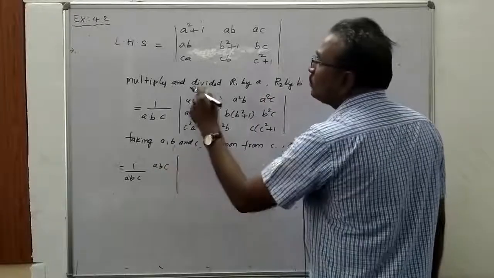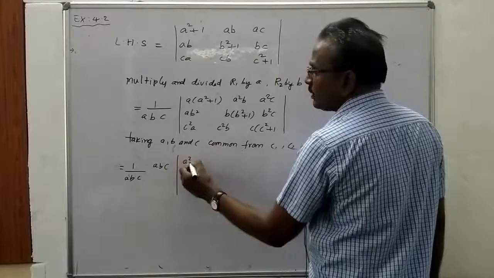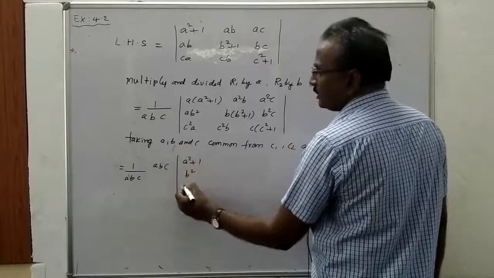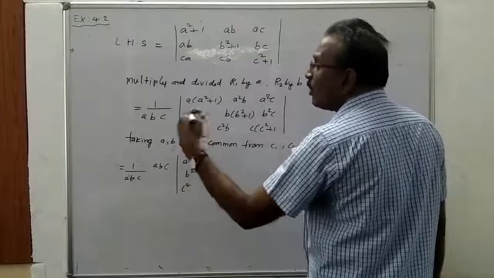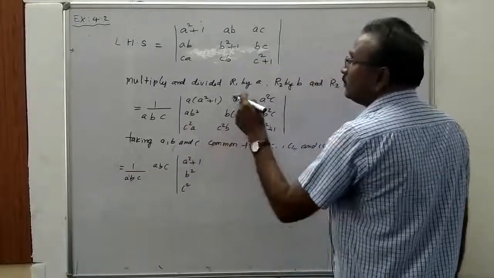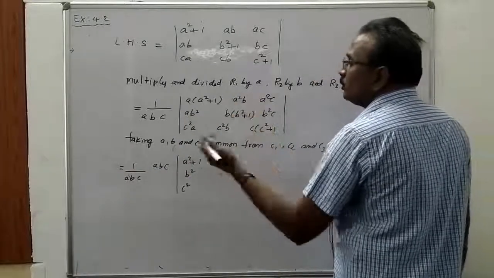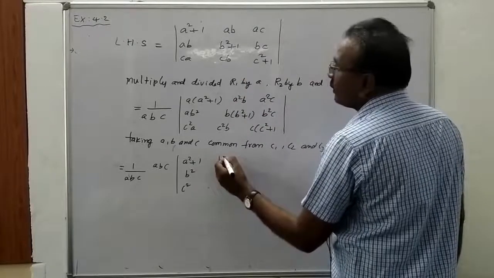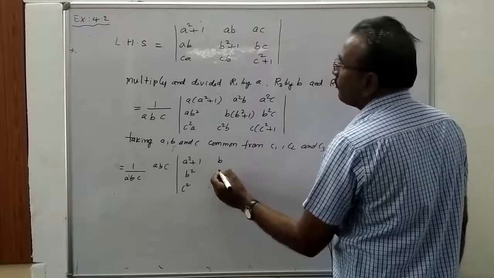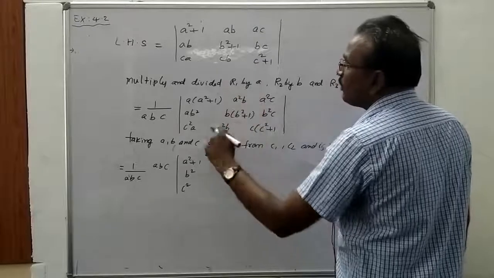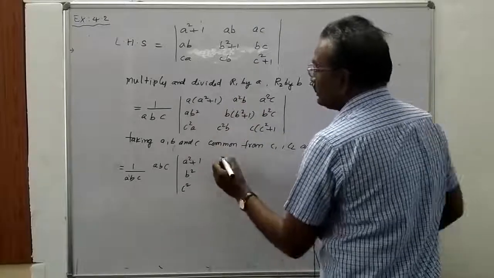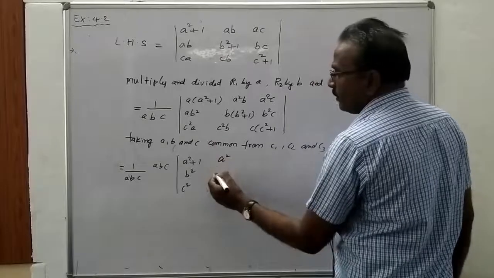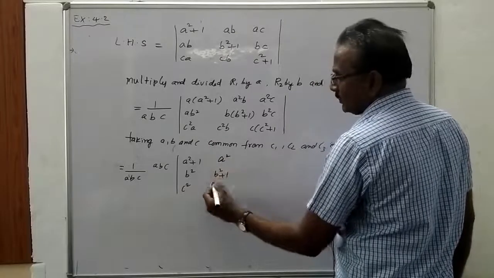Here the first column becomes a square plus 1, b square, c square if you take a outside. Next take b outside the determinant, so the second column becomes a square, b square plus 1, c square.